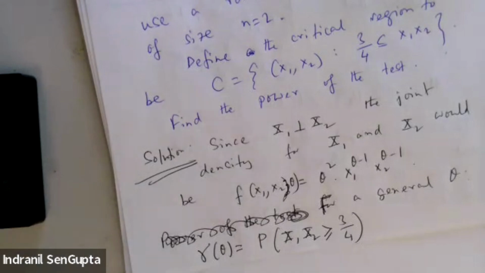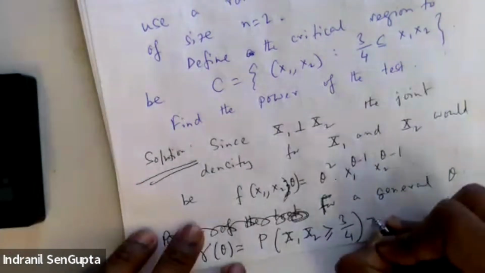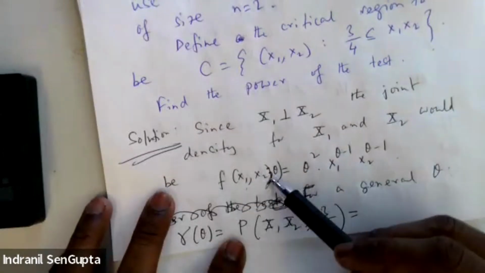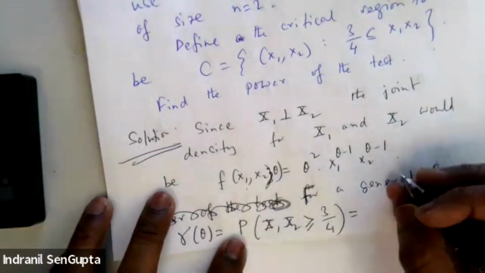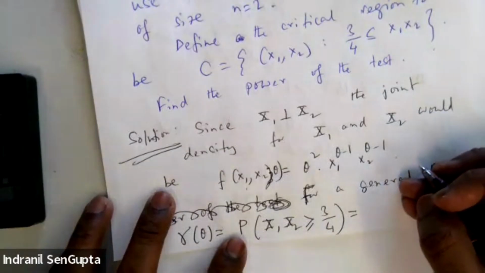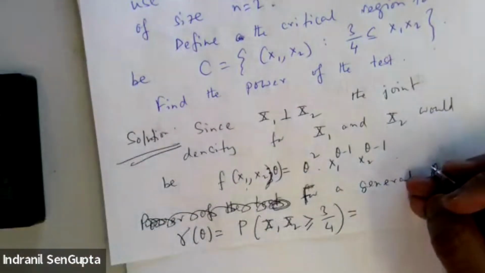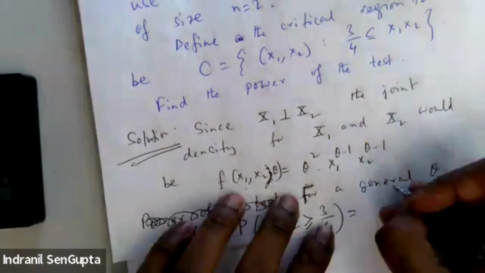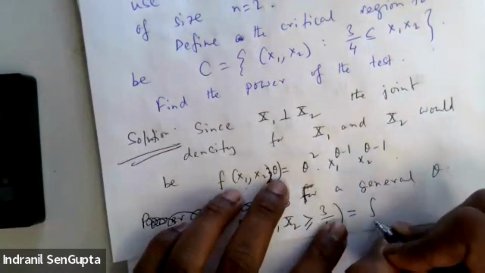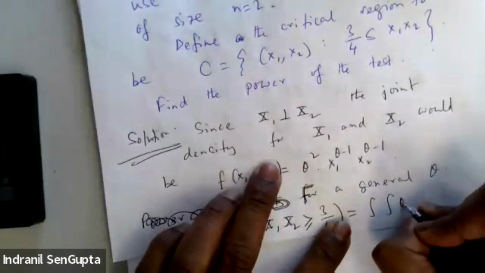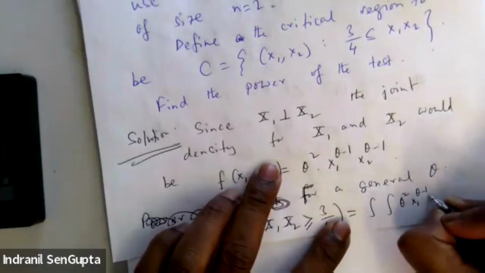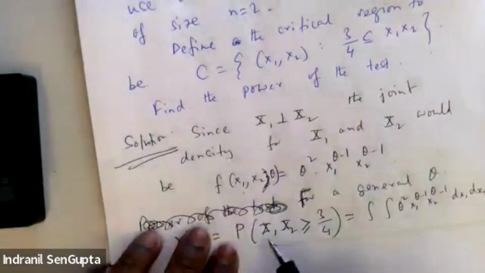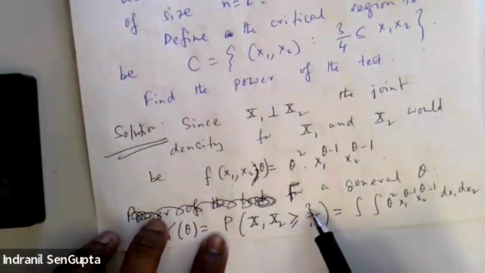Okay. How do you compute this? Well, it's multivariable. There are two random variables, and they're independent, and we have done a lot of these things previously. We have to integrate the joint density function. So it'll be the integration of theta squared x1 to the theta minus 1, x2 to the theta minus 1, dx1, dx2. What is the region? The region is x1, x2 more than 3/4.